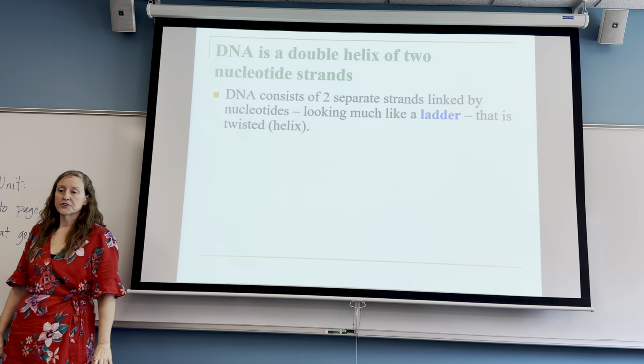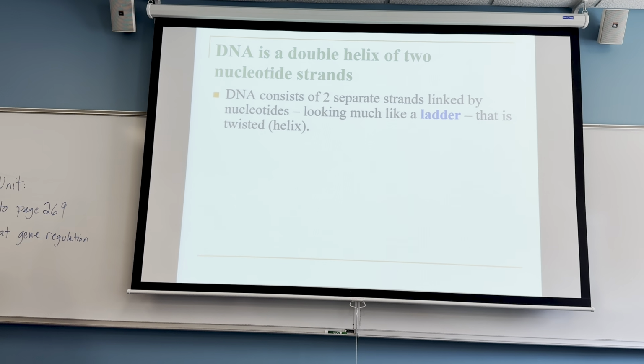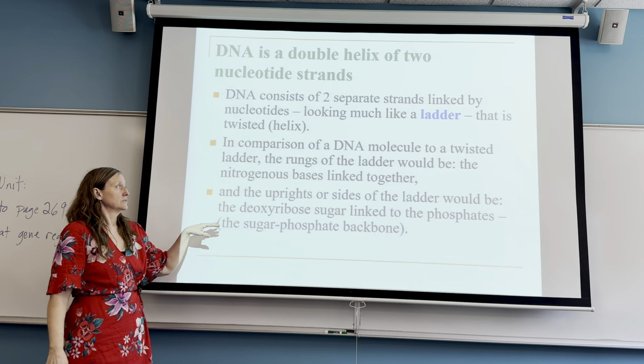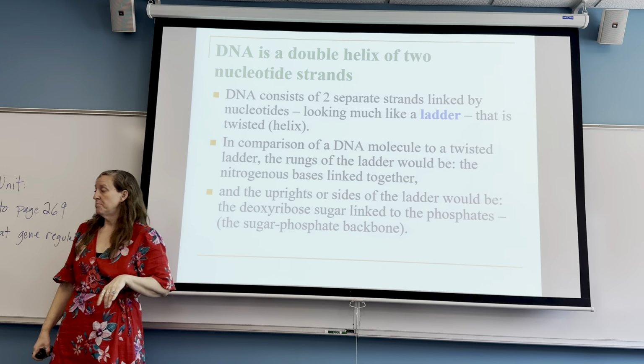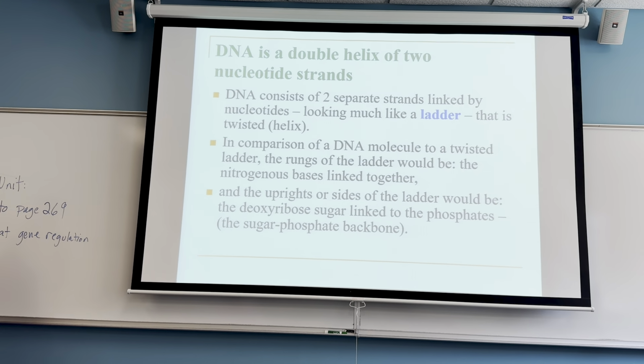When we take a look at the structure of the DNA, if we unwind the DNA, going from a helix and making it flat, it is like a ladder, where it's got two sides and then it's got rungs in the middle. The nitrogen bases in the middle are like what you would climb up the ladder.